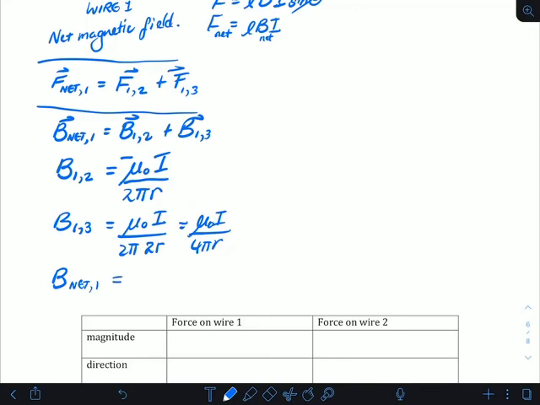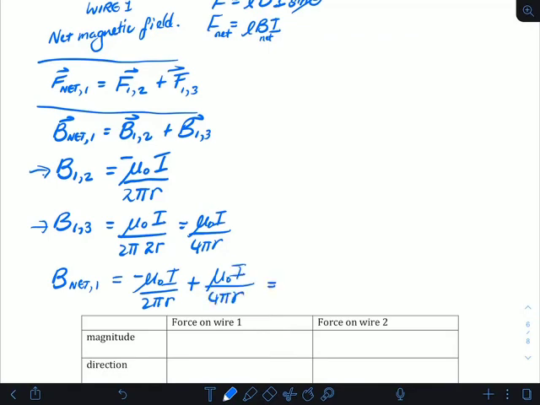Now if I add the net field, B net on 1 is going to be equal to negative mu naught I over 2 pi r, which is our magnetic field due to the second wire, and then we add this one, which is mu naught I over 4 pi r.